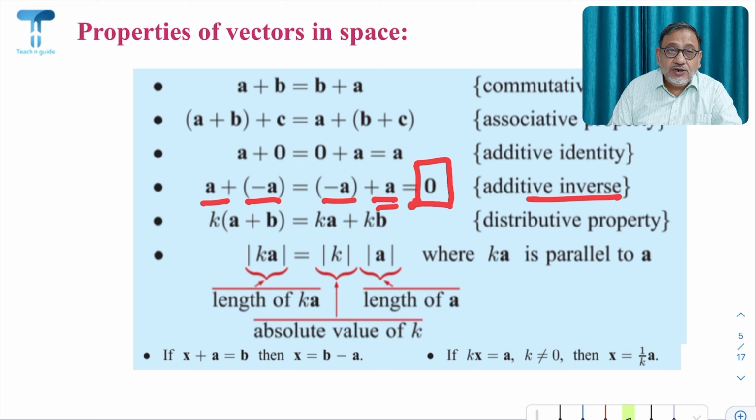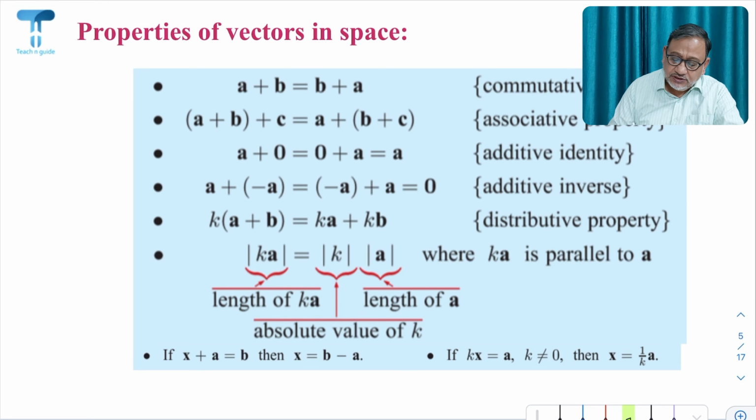So this is called additive inverse, okay? Because when we add both of them, it gives us 0. Then distributive property, scalar over the addition of vectors or subtraction of vectors, we can do it. So k into vector A plus B is equal to k into vector A plus k into vector B. Yeah, I hope you understood that, right?